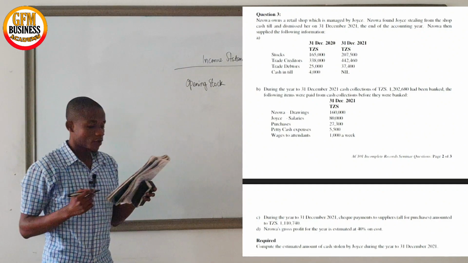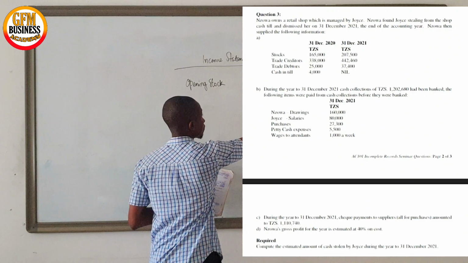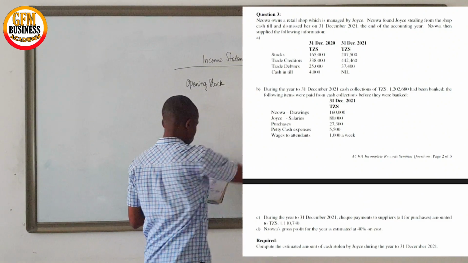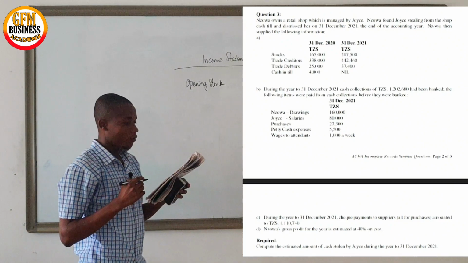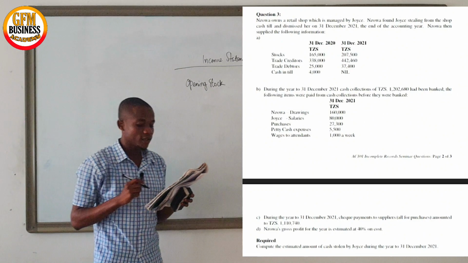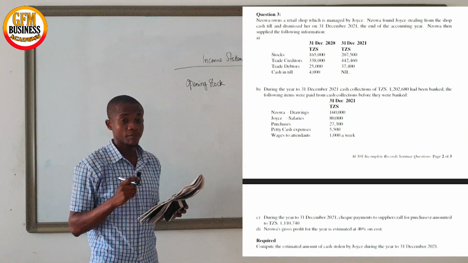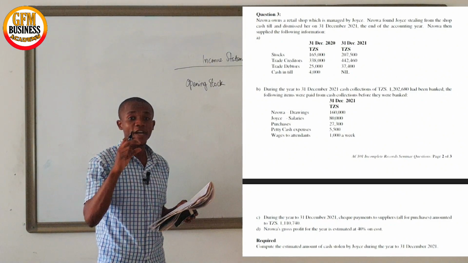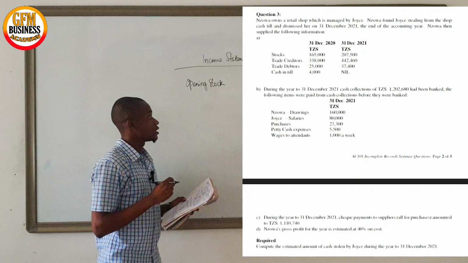Opening stock, we were given 165,000. Then you add purchases. Now, purchases, we were only given cash purchases. So you need to find credit purchases so that you may find the total purchases.